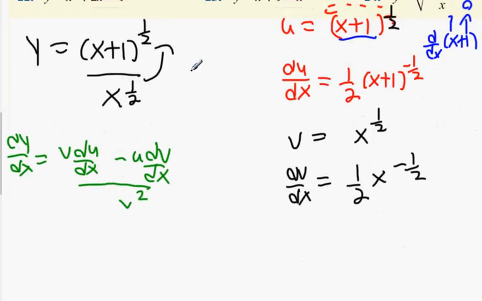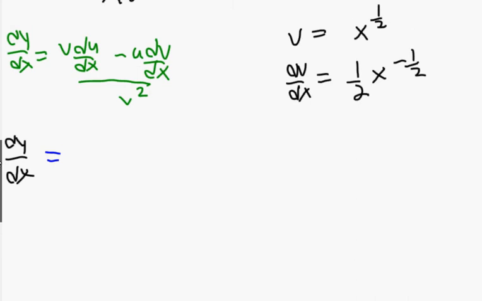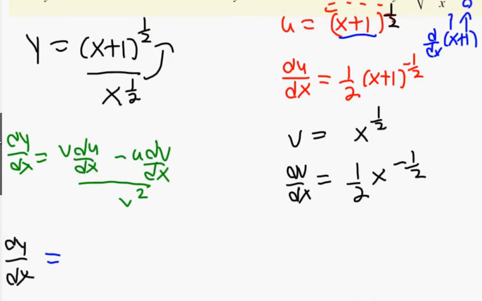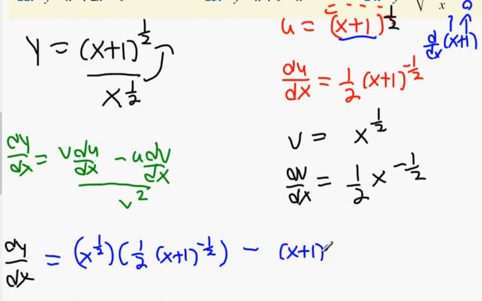So dy dx therefore equals v times du dx, which is going to be x to the power of a half multiplied by du dx, which is a half, x plus 1 to the power of minus a half, minus u, which is x plus 1 to the power of a half, times the dv dx, isn't it? So that's going to be a half x to the power of minus 1 over 2.